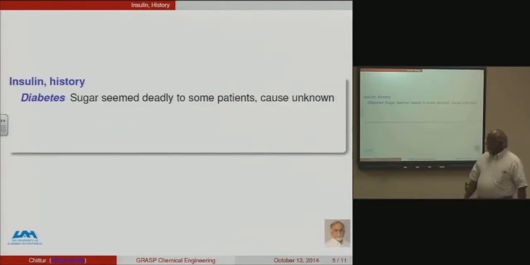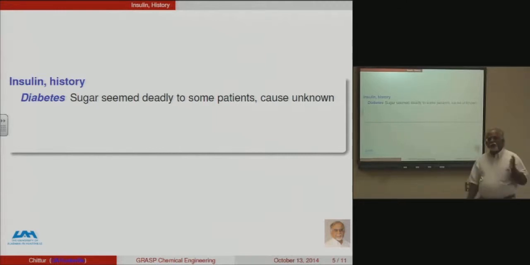And so, a little bit of history. Years ago, people discovered that sugar itself was deadly to some patients. If they ate sugar, or maybe too much sugar, it was almost toxic to them. They actually died, in part because of starvation, because the sugar could not get into their cells, and in part because the sugar in the bloodstream essentially broke down into other nasty things that killed them over time.